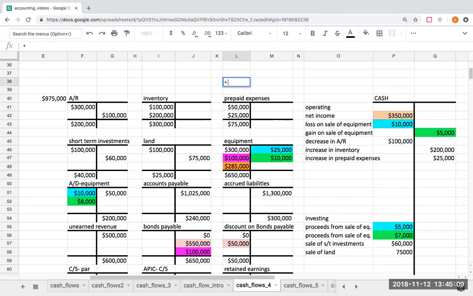Does this work? Well, if I take 300 plus 100 plus 285, I get 685, minus 35,000 gives me 650,000. So I know it's worked. And what I do right here is I do the opposite to cash. And I'm going to call this right here a purchase of equipment.